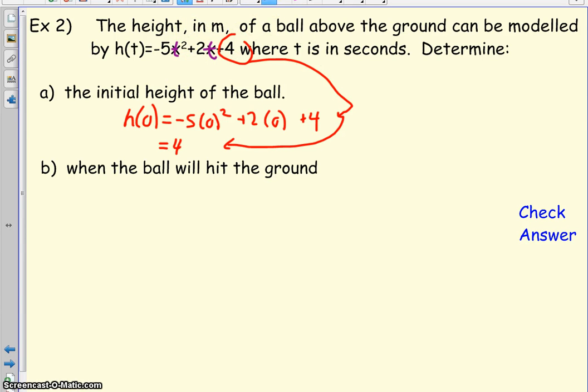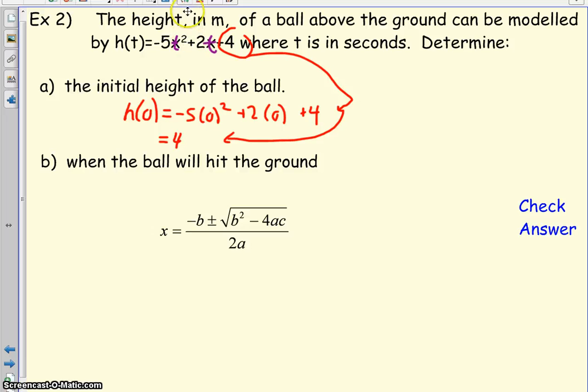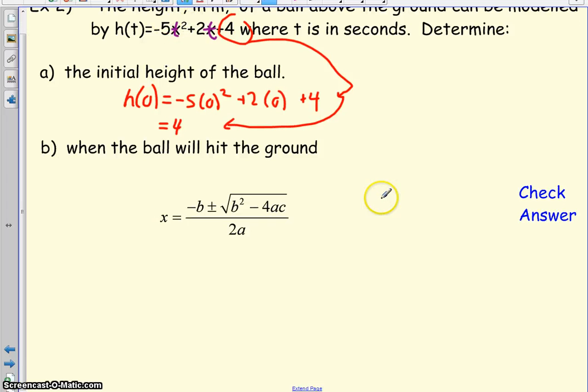In this particular case, if we're going to use the quadratic formula, we have to identify our a, b, and c values. In our equation up here, our a is negative 5, our b is 2, and our c is 4. So with that in mind, let's sub everything into the equation and find our zeros.